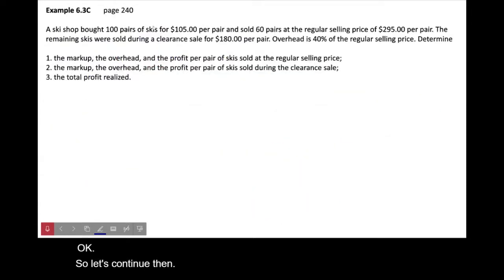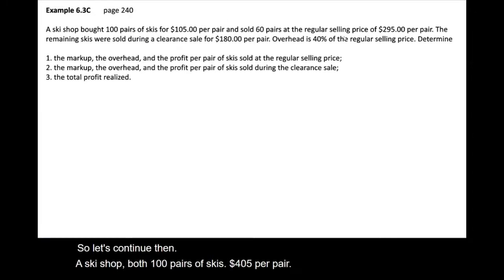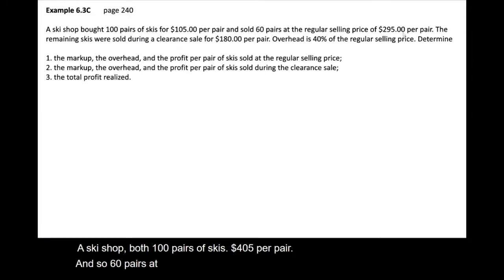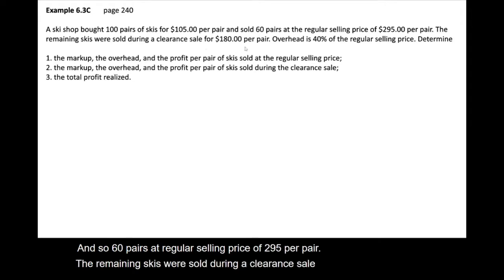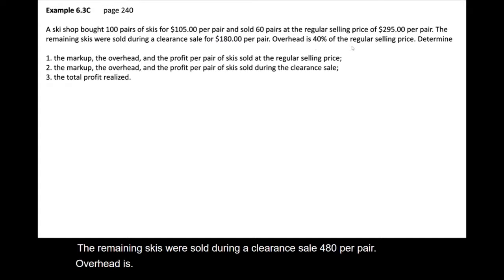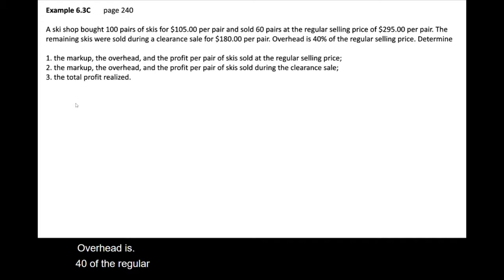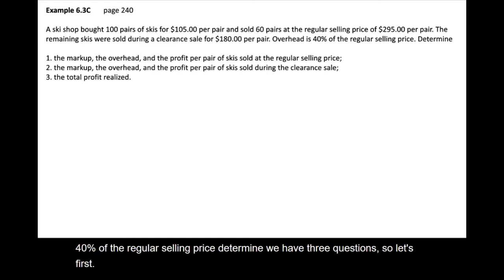A ski shop bought 100 pairs of skis for $105 per pair and sold 60 pairs at the regular selling price of $295 per pair. The remaining skis were sold during a clearance sale for $180 per pair. Overhead is 40% of the regular selling price. Determine: we have three questions. So let's first write down what is given.